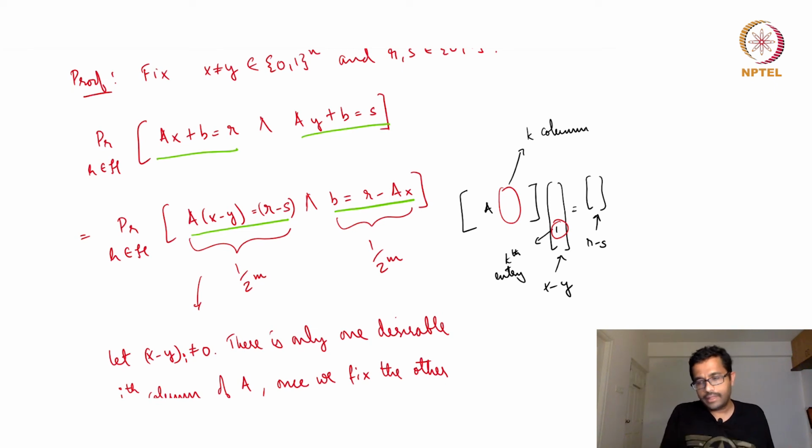Whatever the remaining entry sum is, there is only one value for each of the entries in the kth column that will make it equal to r minus s. So each of these has to be fixed to some particular entry.